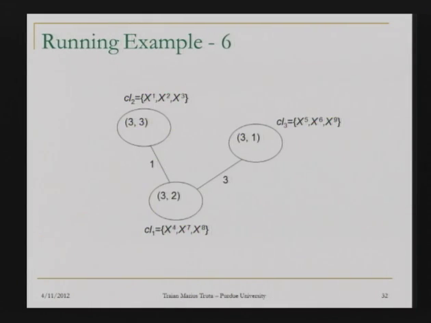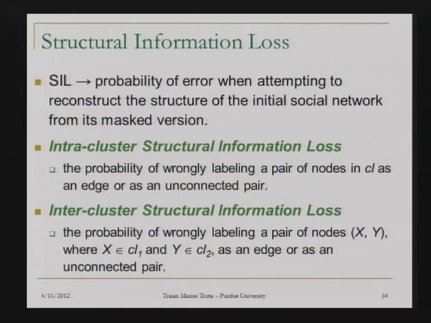Now, the second part is structural information loss, and this is novel to our work. We define structural information loss as the probability of error when attempting to reconstruct the structure of the initial social network from its masked version. And we have an intra-cluster structural information loss and an inter-cluster structural information loss.